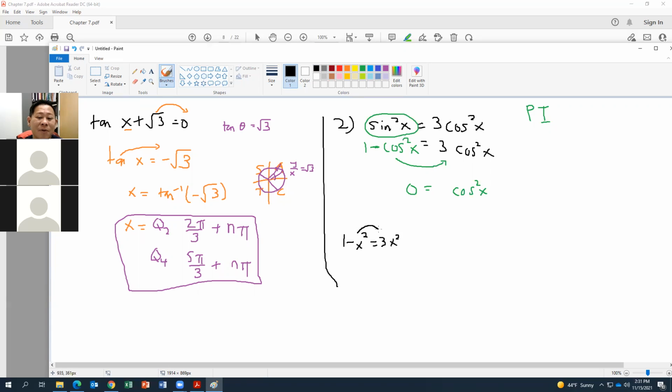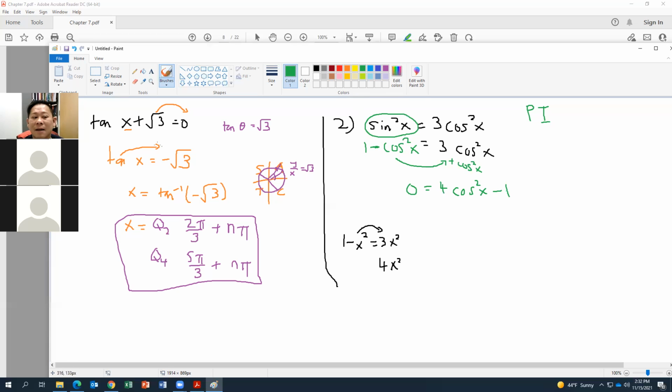So what happens when you move over? How many x squares do we have? You should have 4, right? So this will be the same thing. You will get 4 because we are adding cosine square here. That's why you get 4. And then what happens to this 1? It becomes what? Minus 1.